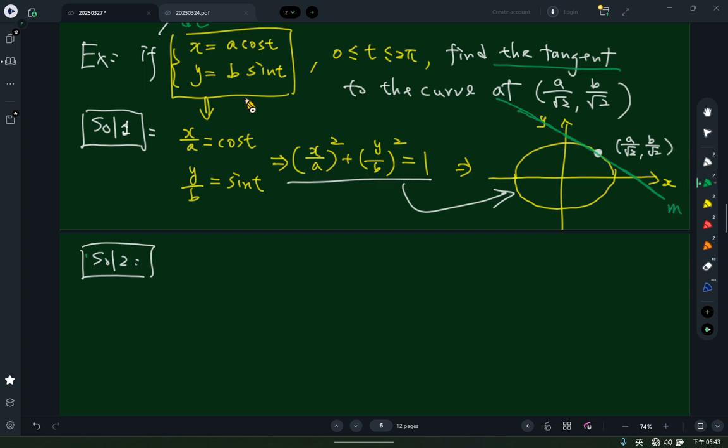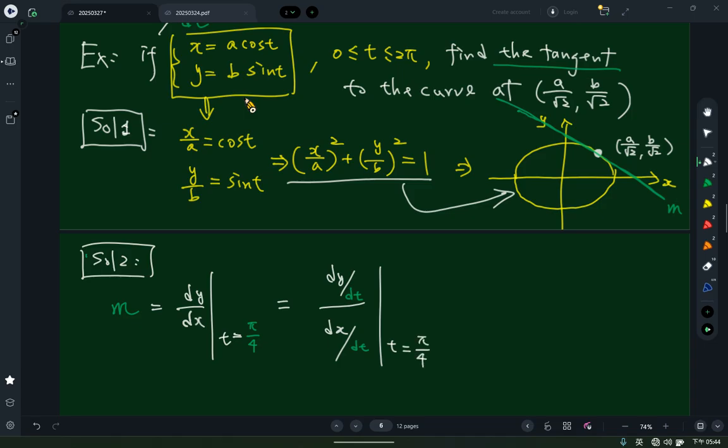So m should be dy over dt when t is equal to 1/4 pi. So we can continue by dy over dx, here should be dx, then divided by dt, and still t is equal to 1/4 pi.